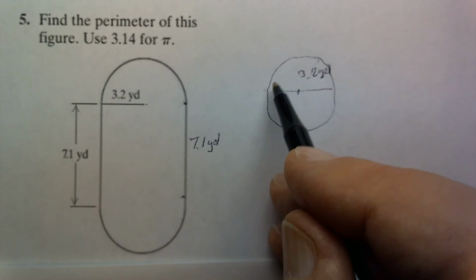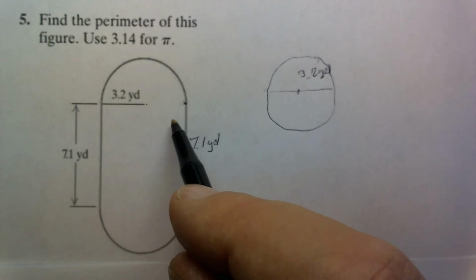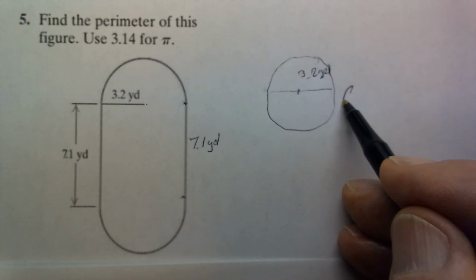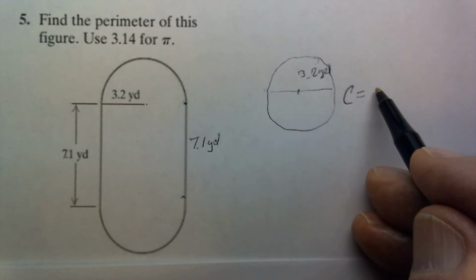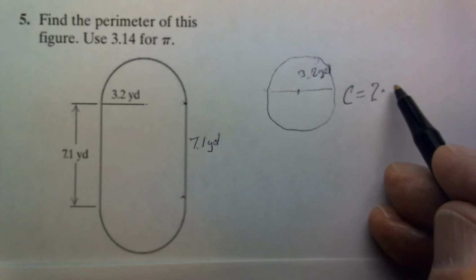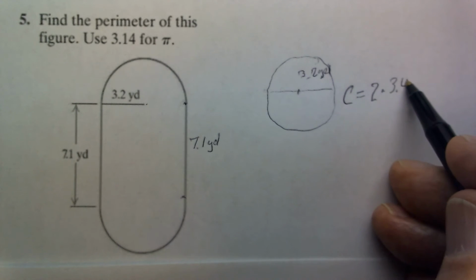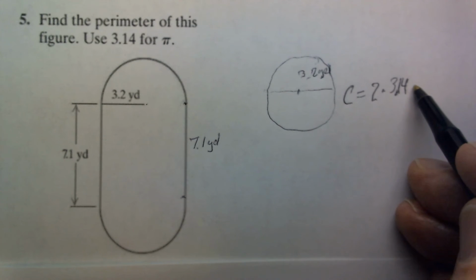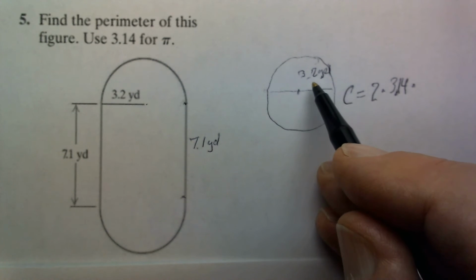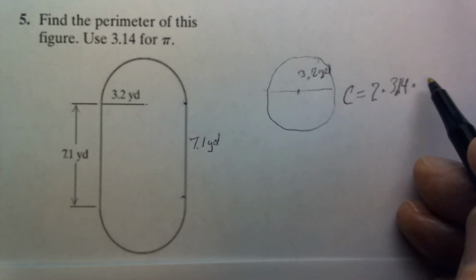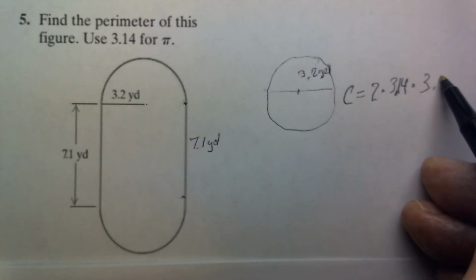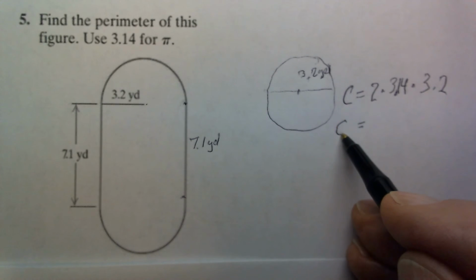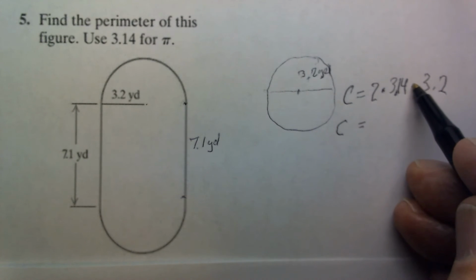So let's compute the circumference of the circle first, and then we add these two lengths to it. So C is equal to 2 times pi times r, 2 times 3.14 times the radius r being 3.2, so C is equal to the product of these three numbers.